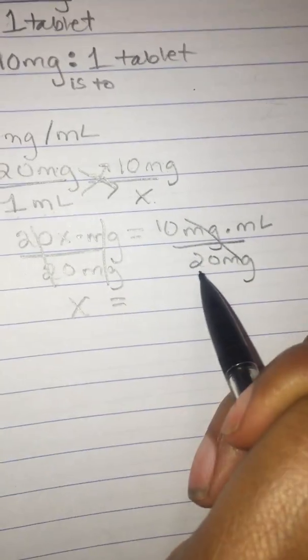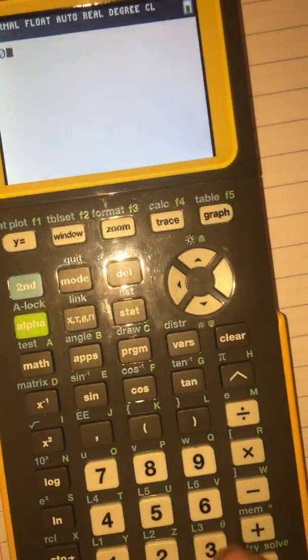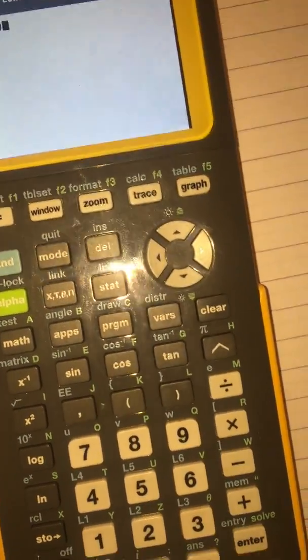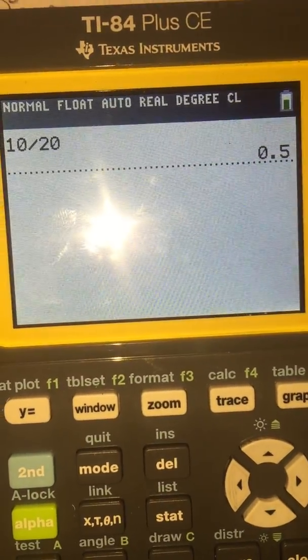The milligrams cancels, and then 10 divided by 20 in your calculator is 0.5. Or you're going to always say it's half of a milliliter.